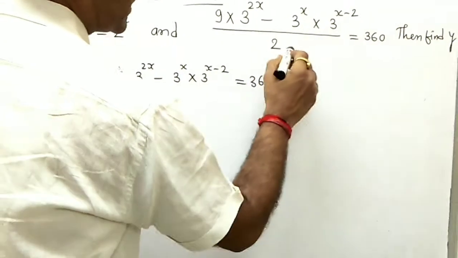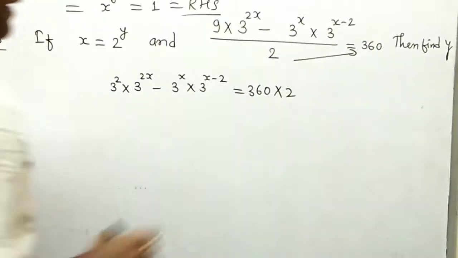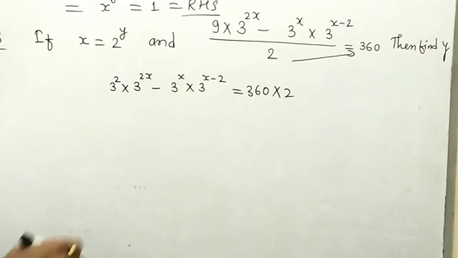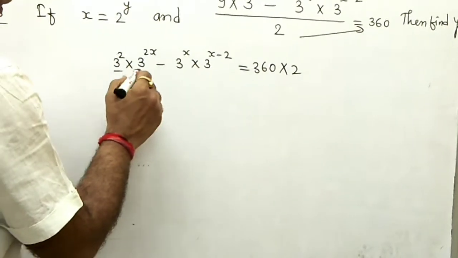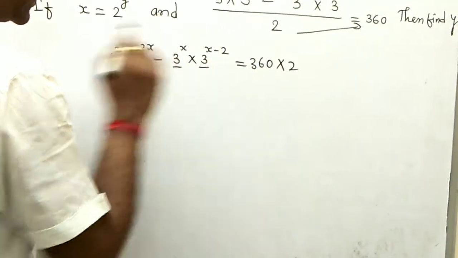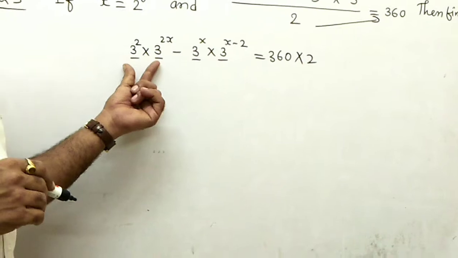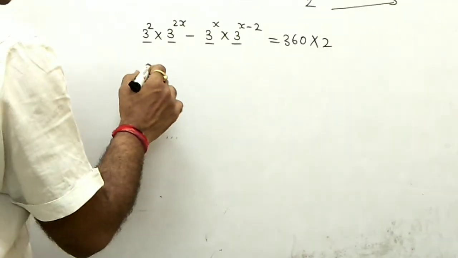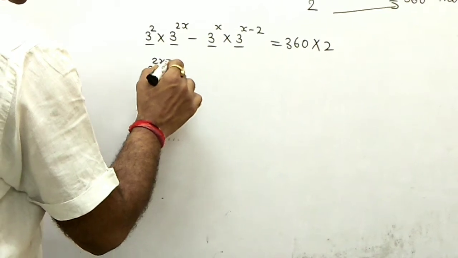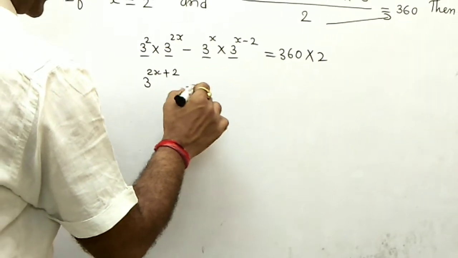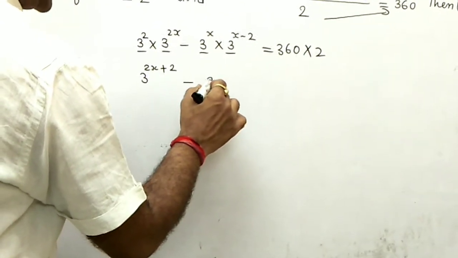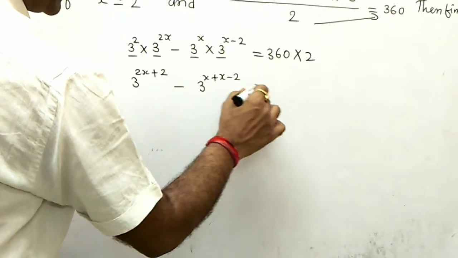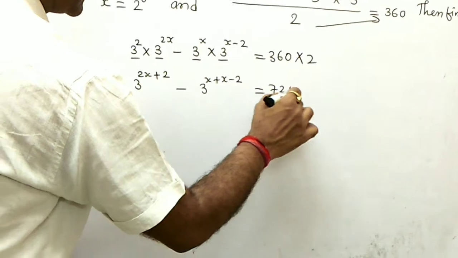Now we use the law of exponents, because the bases are the same, both are 3. So the powers are added: 3 to the power 2x plus 2, minus 3 to the power x plus x minus 2, and you have 720 here.